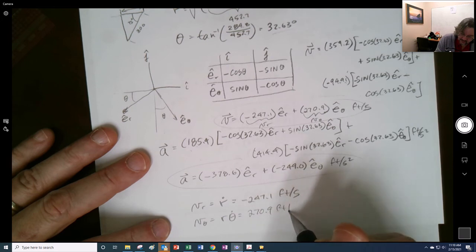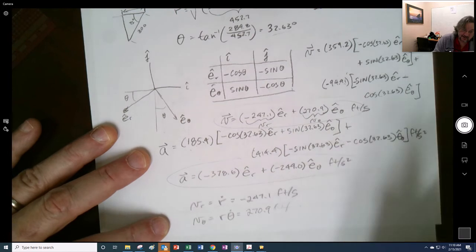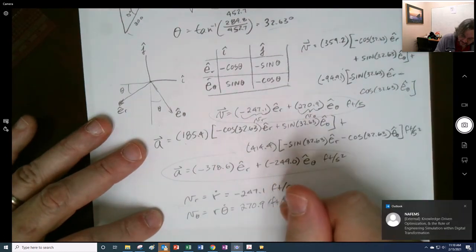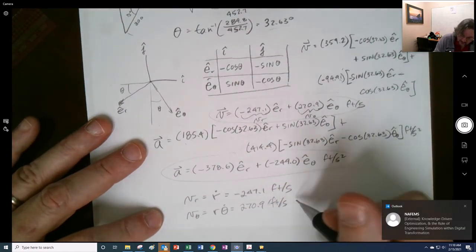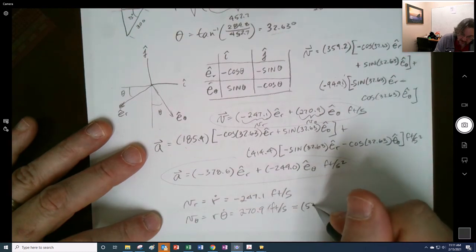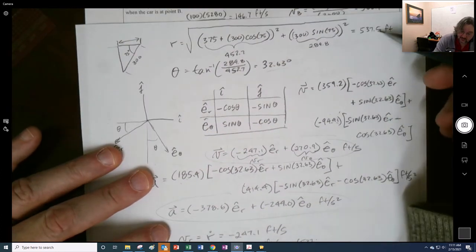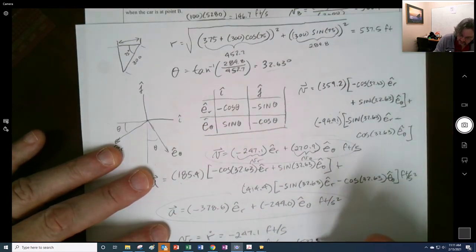270.9 feet per second. But we also know that's going to be equal to r, which we found was 537.5 right up here, right? Theta dot.